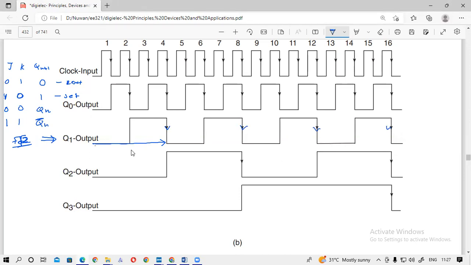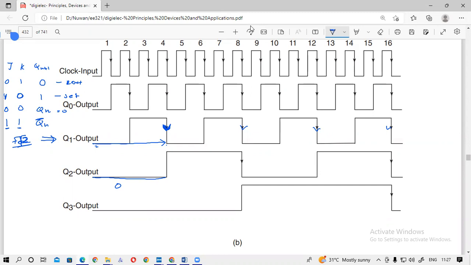From here to here there is no change, so Q2 will be 0. When the falling edge meets, the flip-flop comes to the active mode. Now J is 1, K is 1, and the previous Qn is 0, so it toggles the output.